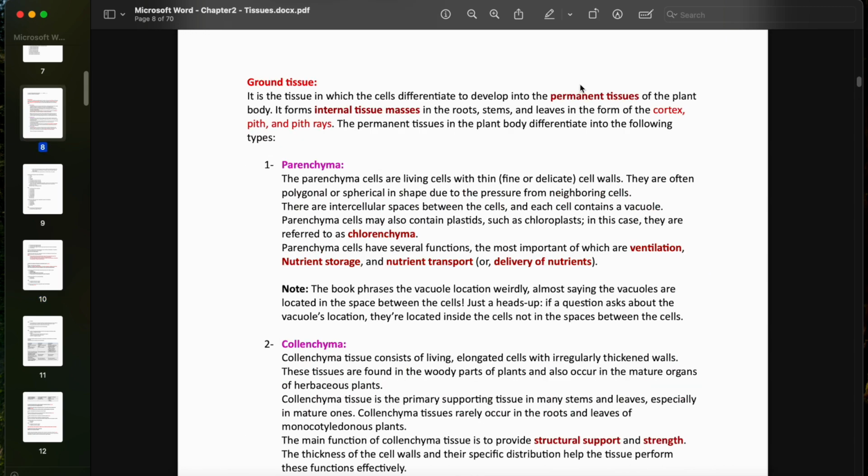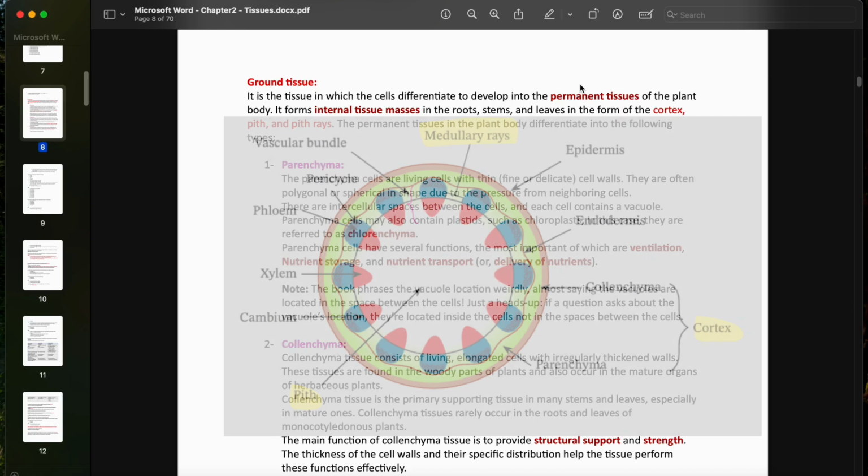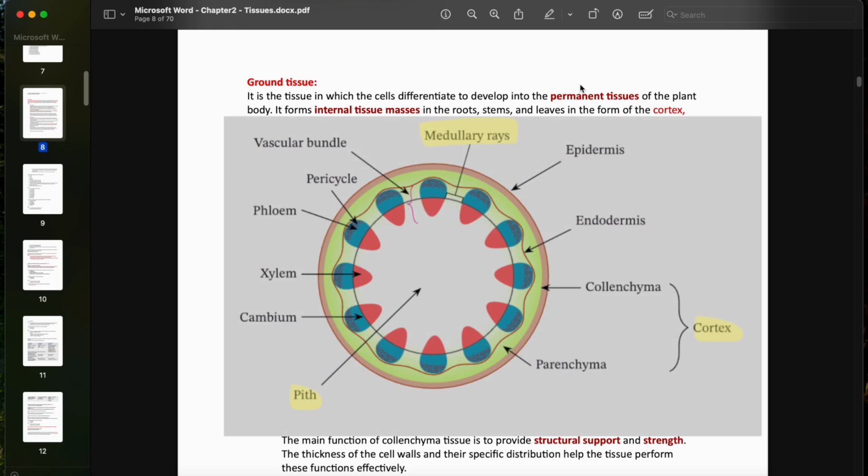The ground tissue forms internal tissue masses in the roots, stems, and leaves in the form of cortex, pith, and pith rays. The cortex is the region between the epidermis and the vascular tissue. It's made mostly of parenchyma cells.